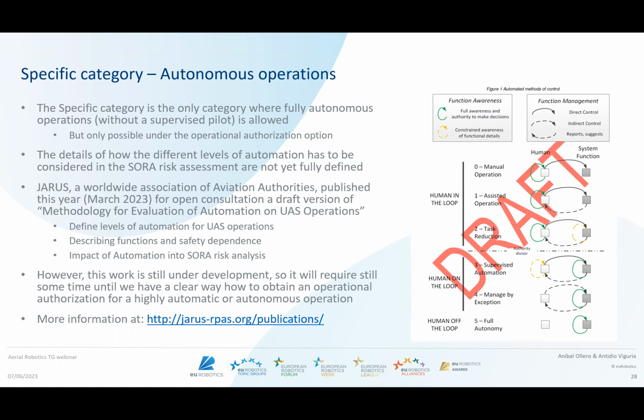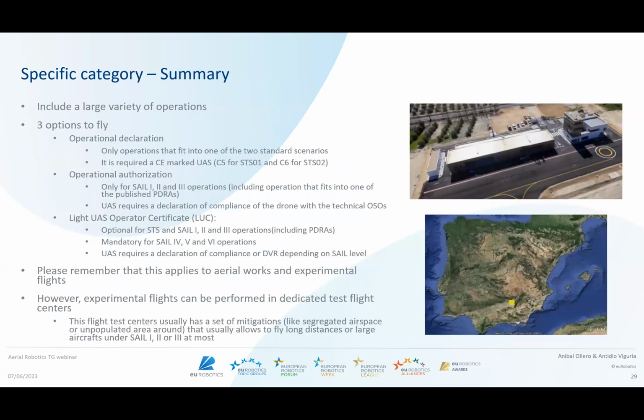They define the levels of automation for UAS operation, describe some function and safety dependence, and also how the automation impacts the SORA risk analysis, because there is an impact. This work is still under development, so it will take some time until we have a clear idea how to obtain operation authorization for highly automatic autonomous operations, but they have started to work on this.